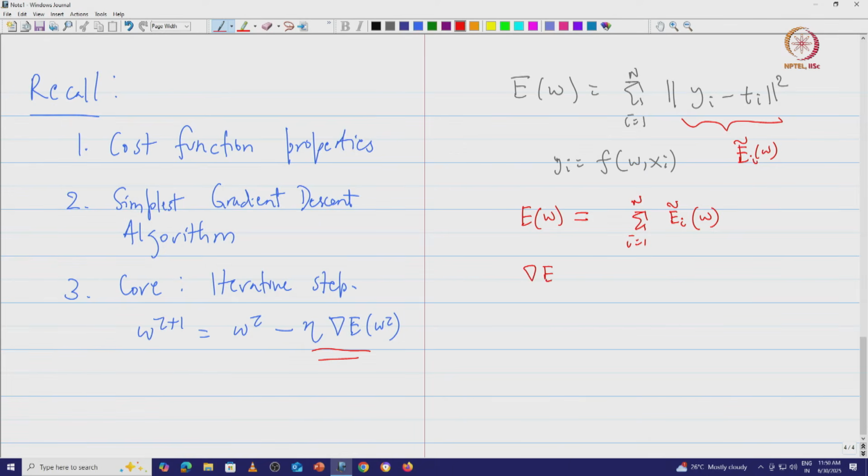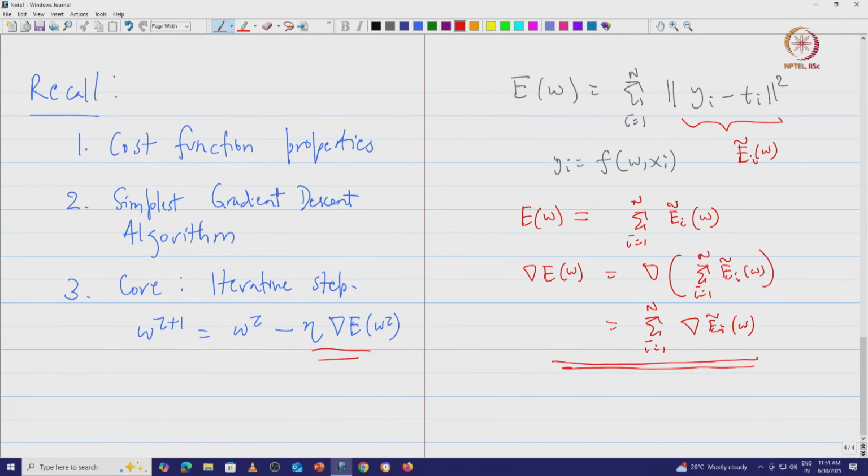So, nabla E of omega, if we take the gradient of this function, the gradient distributes across the sum. So, this is the same as summation i equal to 1 to n of nabla E i tilde of omega. So, this is the clue for us to modify our iterative step.